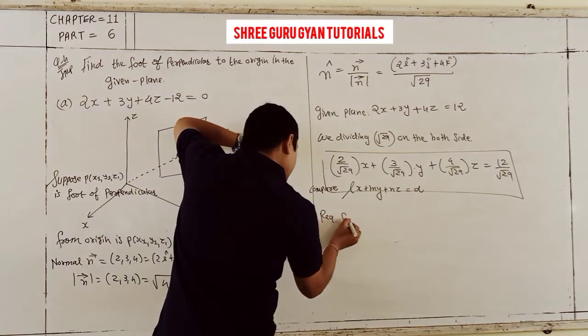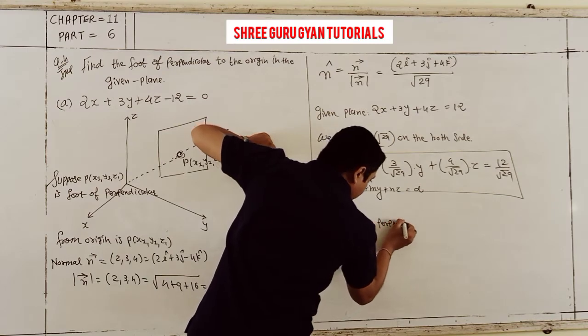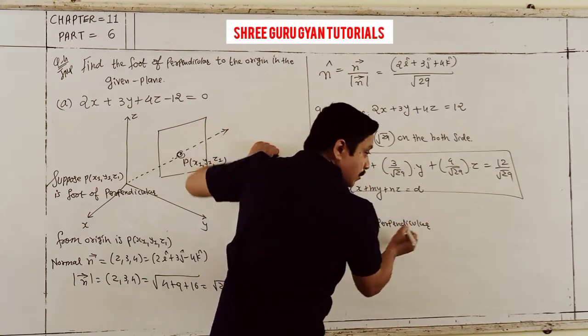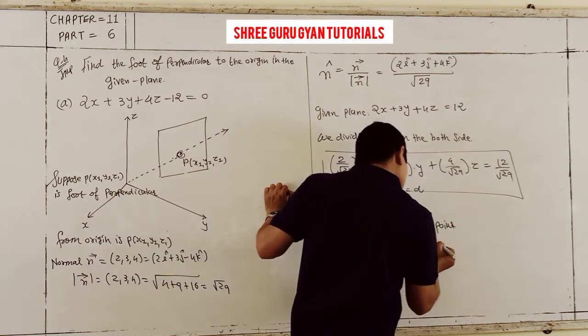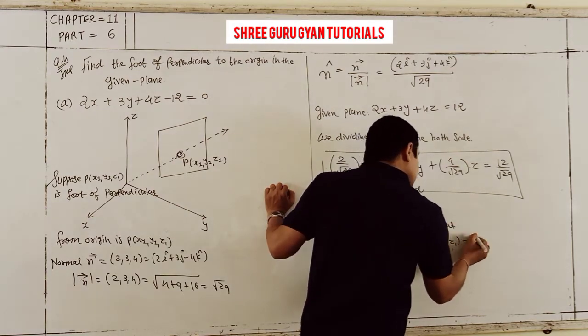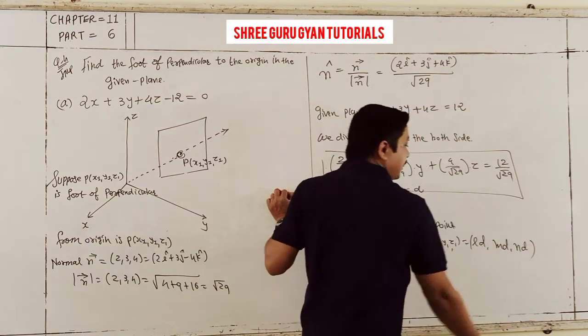Required foot of perpendicular point is P (x1, y1, z1), which is LD comma MD comma ND.